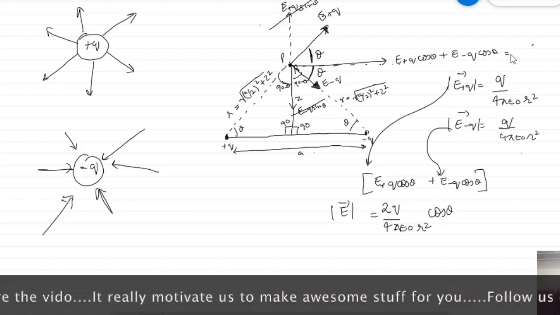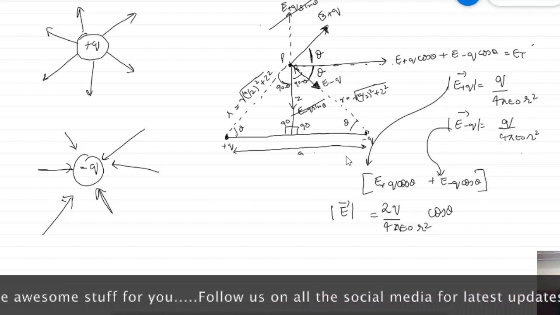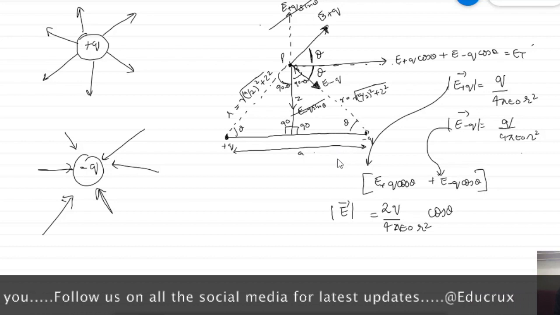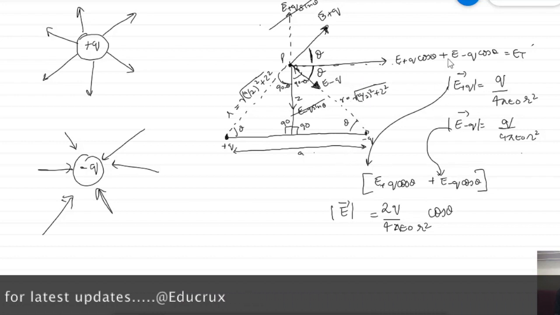So this is equal to E total, that is the field due to equal and opposite charges which are kept a distance apart, and the direction of the field is along x cap.